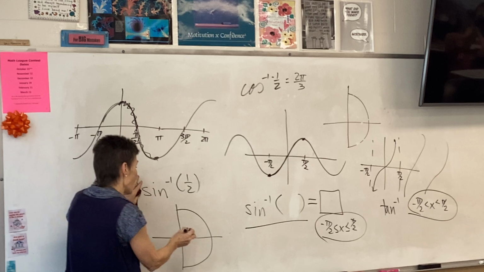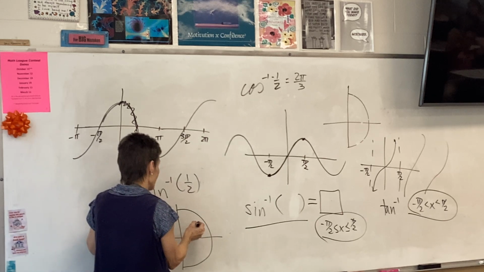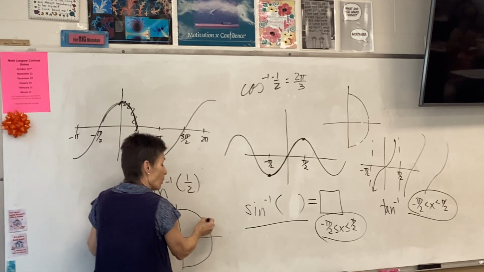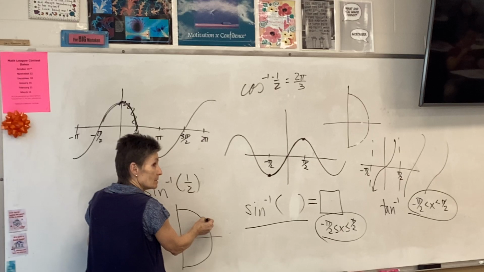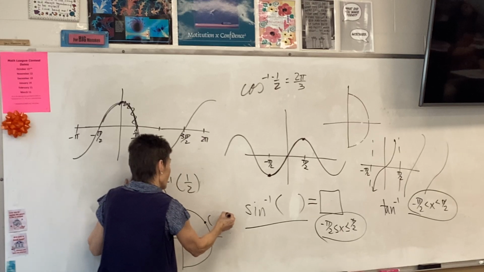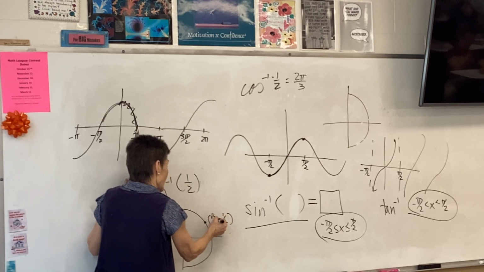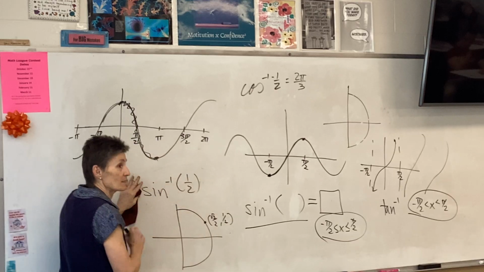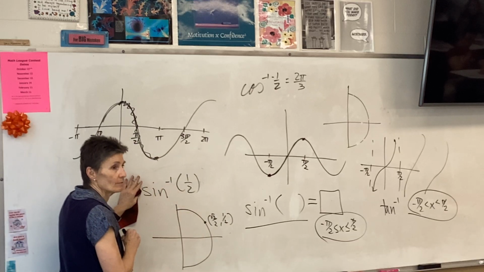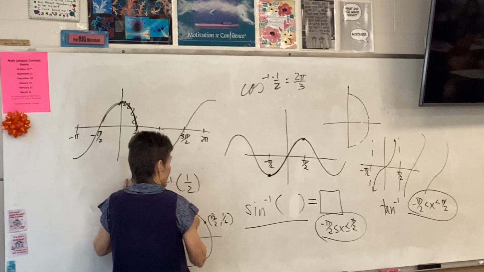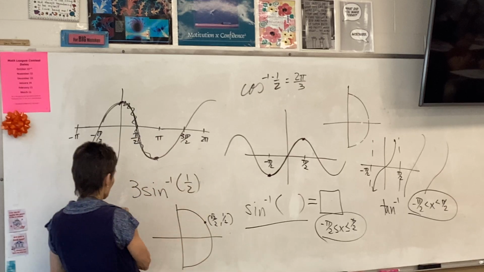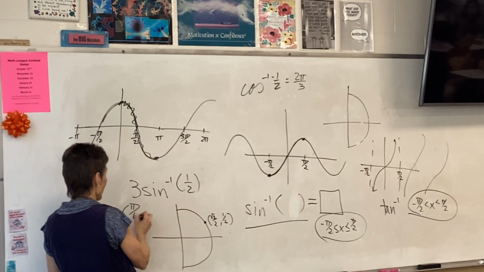I need the sine to be 1/2. That means y is 1/2, right? What angle has a y value that's positive 1/2? Pi over 6. So we are doing 3 times pi over 6.